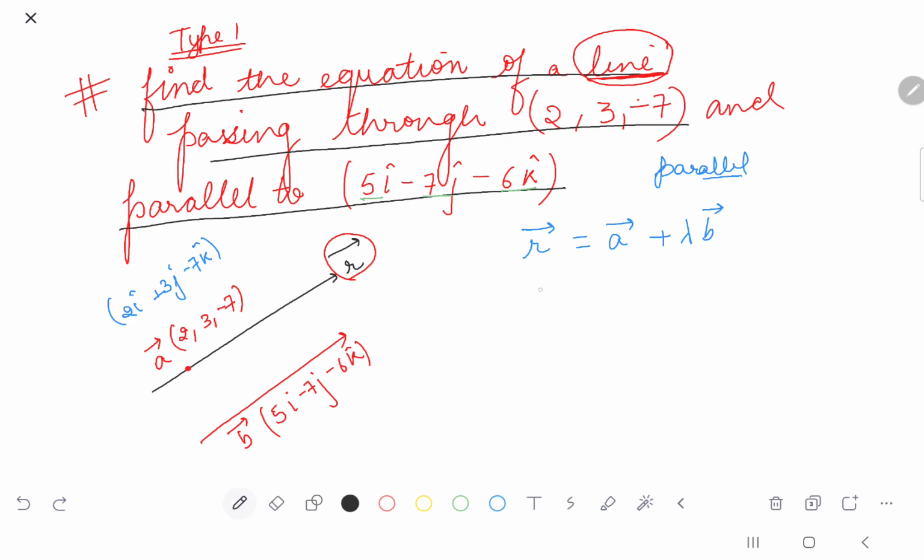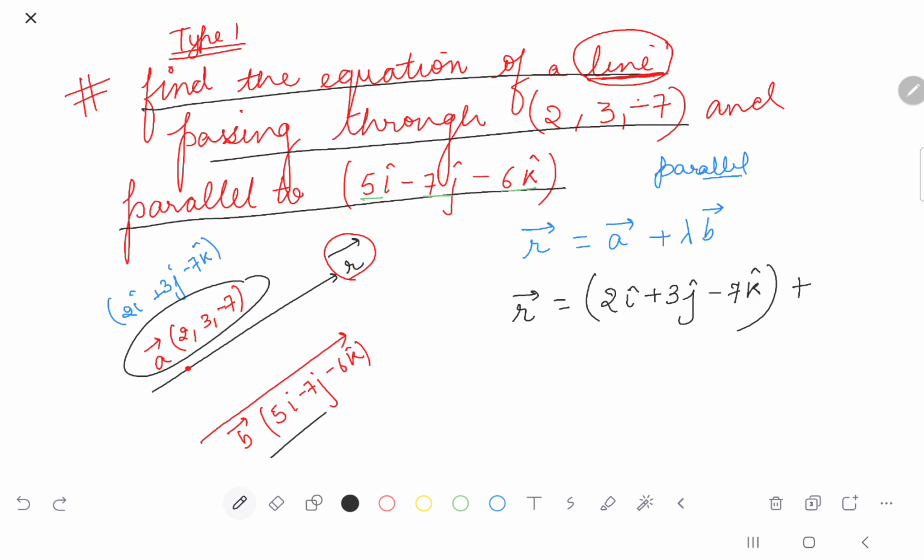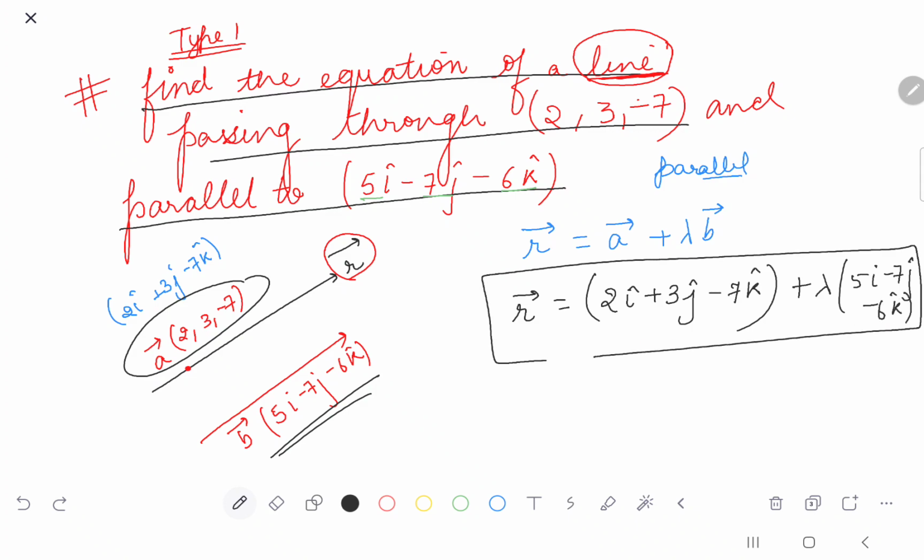So here, R equals A, and A is this point, 2i cap plus 3j cap minus 7k cap, plus lambda B. Lambda B shall be 5i cap minus 7j cap minus 6k cap. Yes or no? This is going to be my R vector. Are you understanding? Yes, ma'am. So this is the concept, and this is the equation.